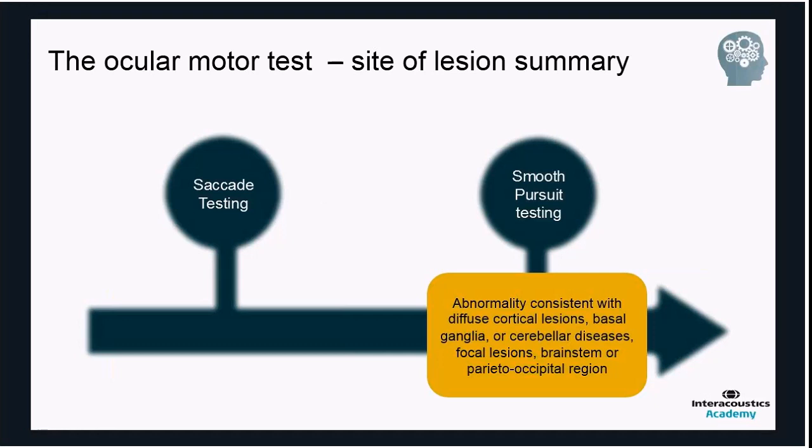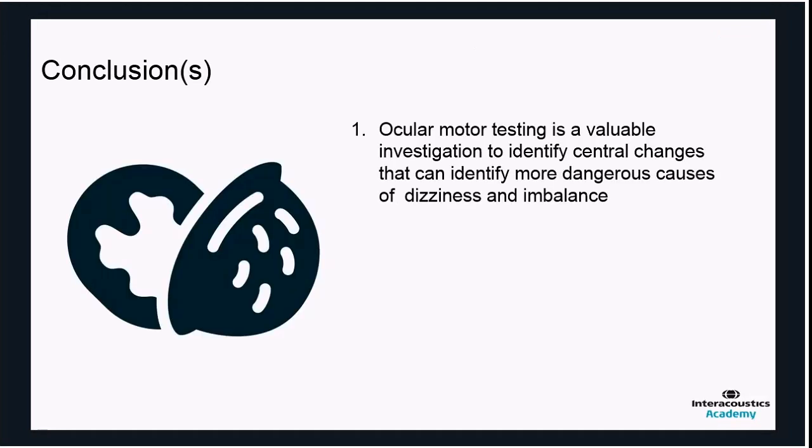Smooth pursuit abnormalities have been identified within diffuse cortical lesions, basal ganglia, or cerebellar disease. We also can have focal lesions, brainstem, and again, parietal, occipital, regional changes.